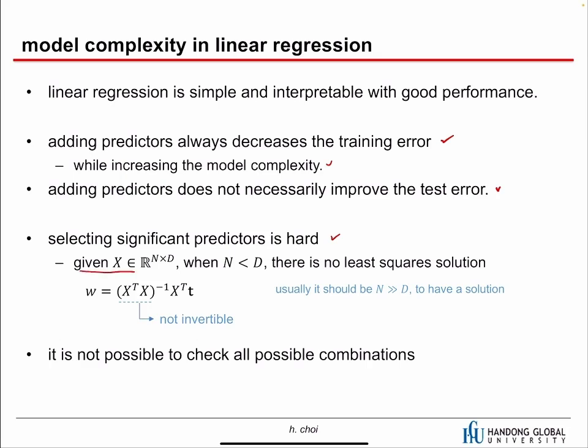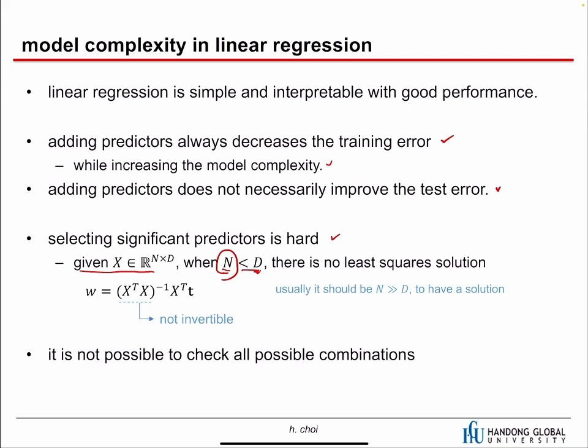So given x, when n is smaller than d, then there are no least squares solutions. We need more samples. Roughly, in some algorithms like ICA, n should be at least 2 or 3 times bigger than d. Okay, but it depends on the applications and algorithms. But at least n should be larger than d.